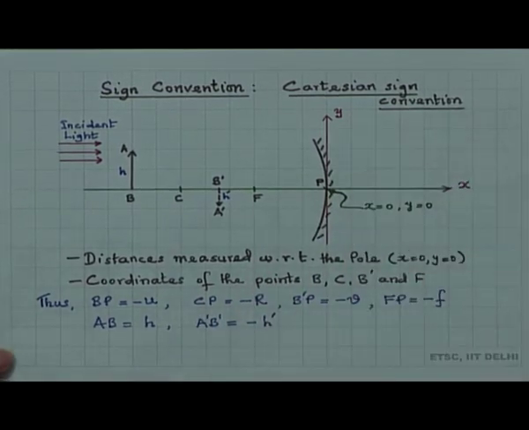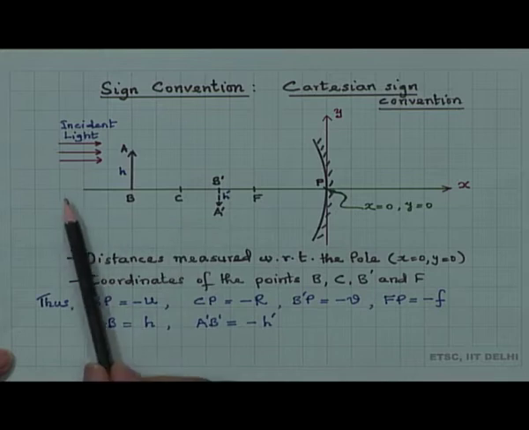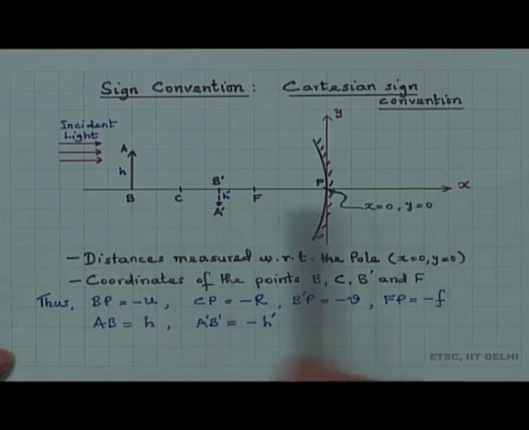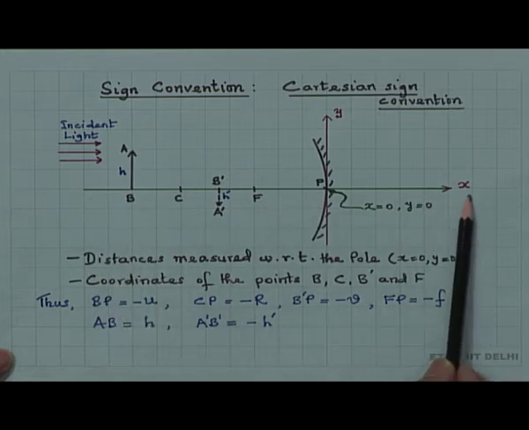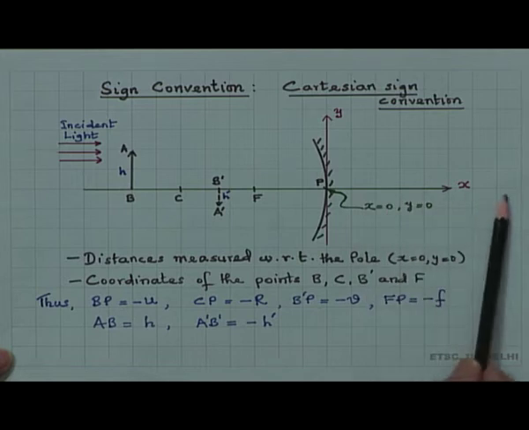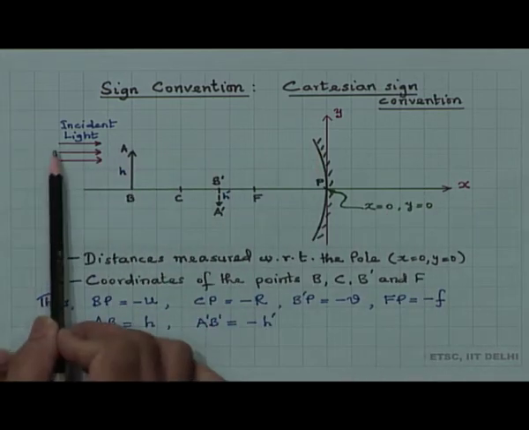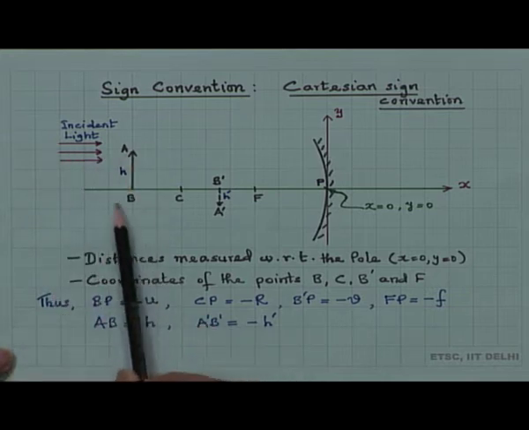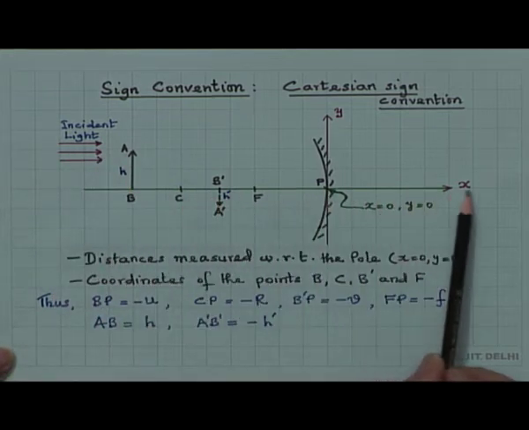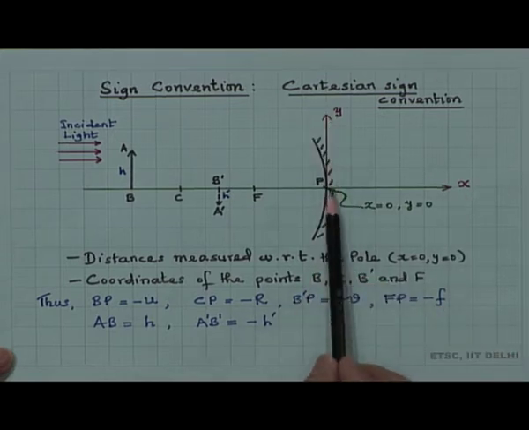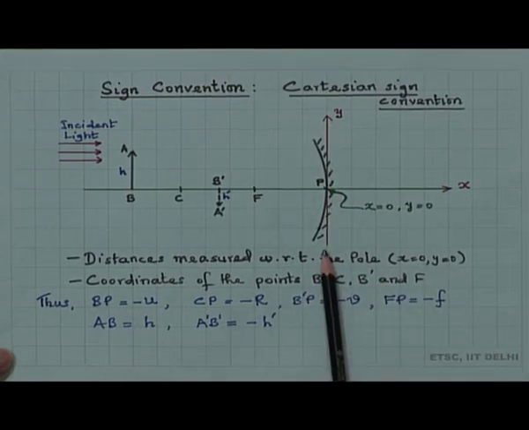Now, in the Cartesian sign convention, the principal axis is the x axis, and x is positive in the direction of the incident light. That is, if the light is incident from the left, then x in this direction is positive, and y of course, here is positive and in this direction it is negative.